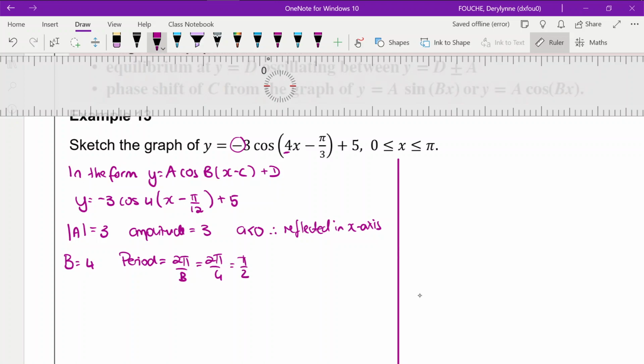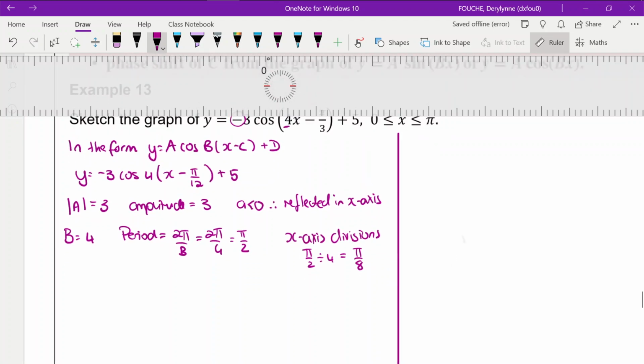Now remember, our period helps us to find our x-axis divisions, so my x-axis divisions have to be pi on 2 divided by 4, which is pi on 8. Hold that thought.